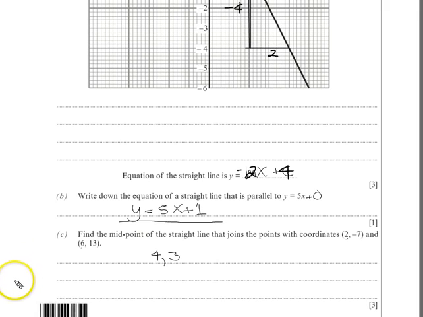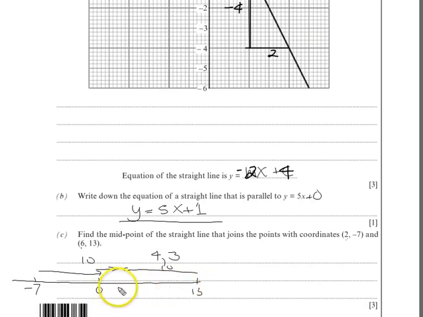So I'll just draw a picture of it, just to illustrate it, because it could be confusing. There's 13, agreed? And here's -7. So what's halfway between? Well, the distance is 20, so we need to come in 10 either way, don't we? So if we come in 10 units that way, and 10 units that way, because that total distance is 20, we'll get to here, which is 3.